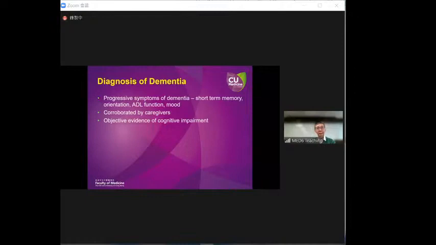The other major deciding factor as to whether somebody has dementia is whether they can look after themselves, ADL function. So whether they can live independently.